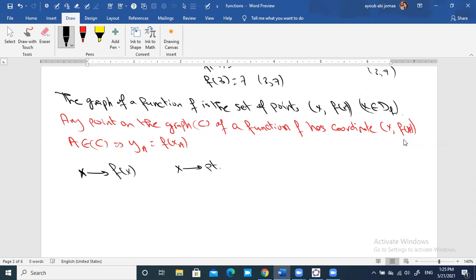For each value of x, في عندها one value, x is related to only one value y اللي هي f of x.